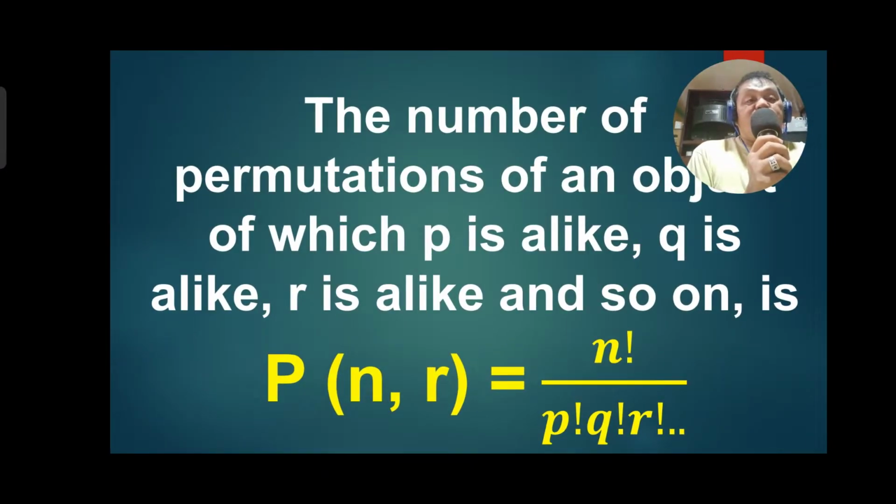The number of permutations of n objects taken r at a time, of which p is alike, q is alike, r is alike, and so on, is equal to n factorial over p factorial times q factorial times r factorial.